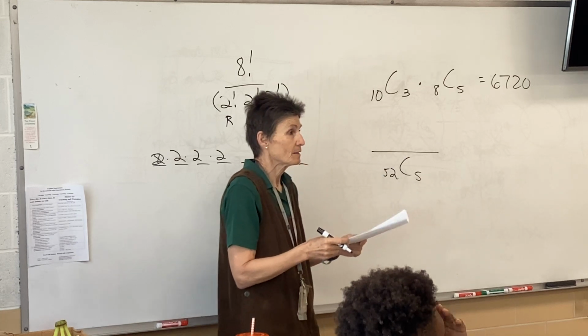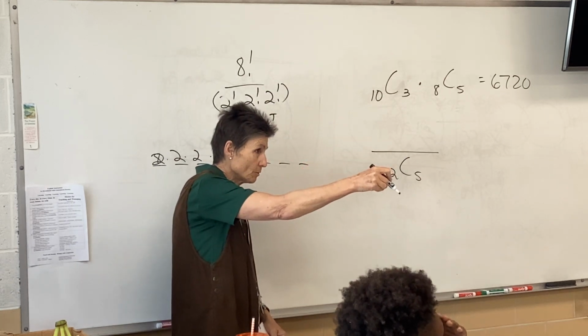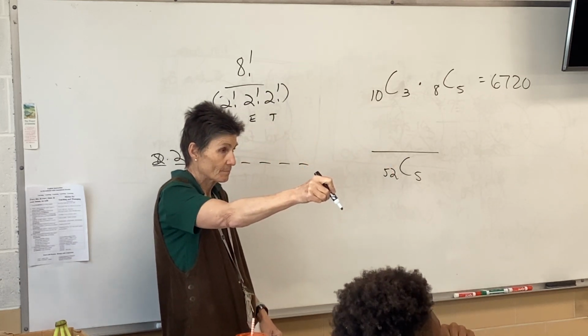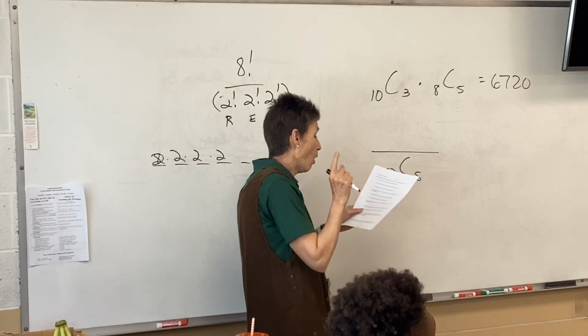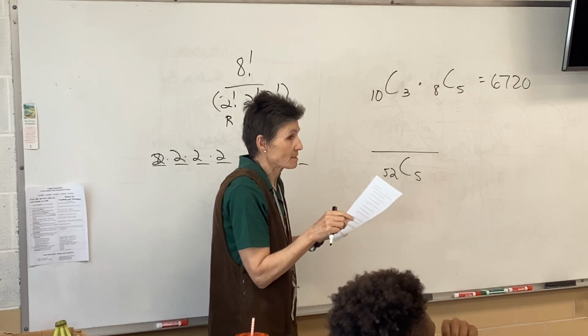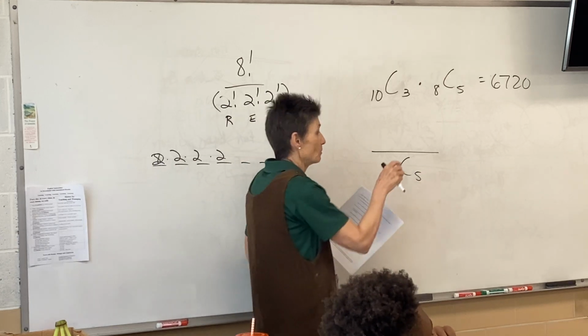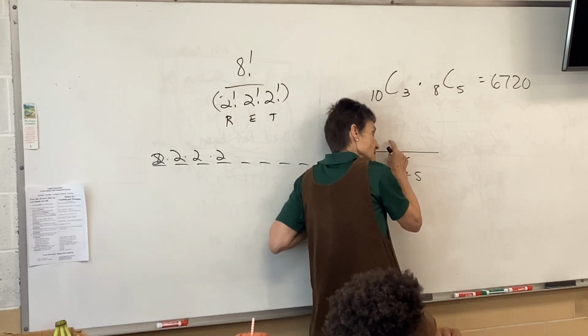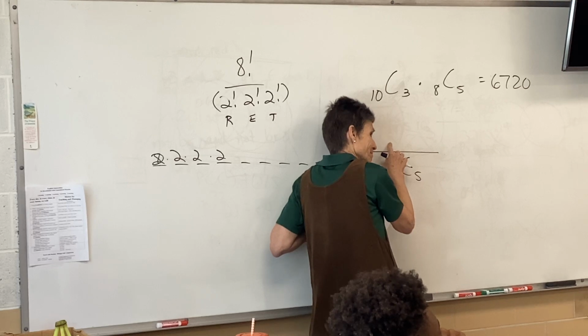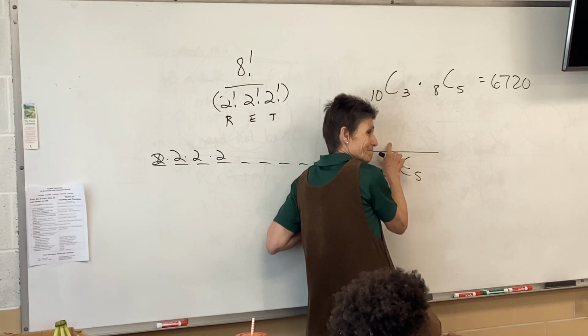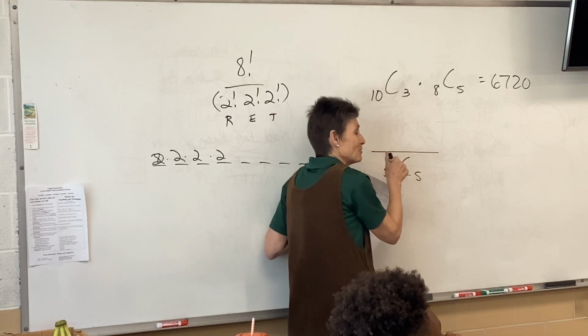Because you're gonna get 5 cards. 52 cards total, picking 5. That's your denominator. Now, all diamonds. What's that? All diamonds. There's 13.